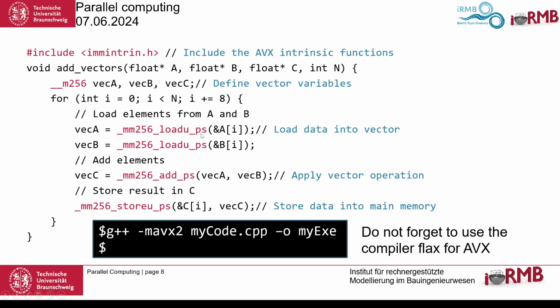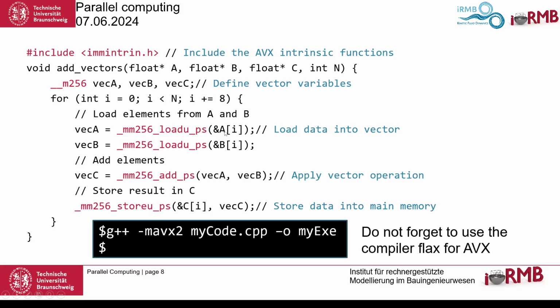And what we are loading is packed singles. PS means packed singles, and single means single precision floating point number. And now we get here the address operator, the address. So we generate a vector.